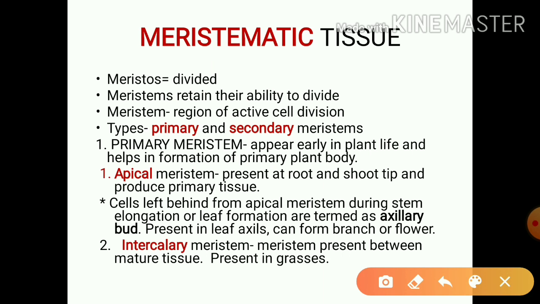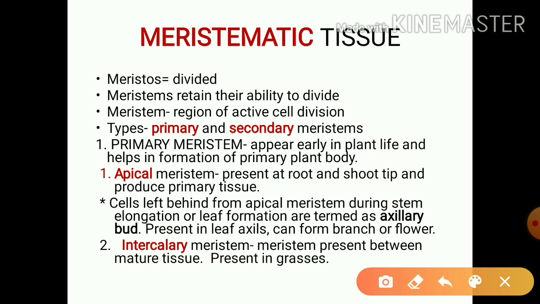So primary meristem appears early in the plant life, just like you have your primary education in your early life. Similarly, primary meristems help in the growth of plant in its earlier life, and it helps in the formation of the primary plant body.